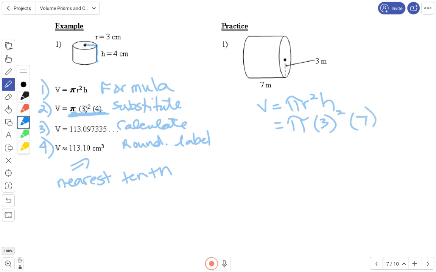So if the directions say to leave it in terms of pi, the only thing that you are going to put in the calculator is this. So I'm going to put 3 squared times 7 in my calculator, and I end up with 63. Since it's in terms of pi, you're going to leave pi, the symbol pi, in your answer. So I would write 63 pi. You still need to label it meters and its volume, so cubed. So this right here is leaving your answer in terms of pi.